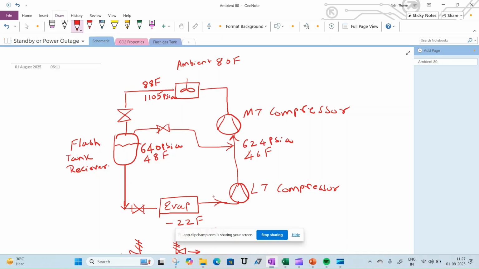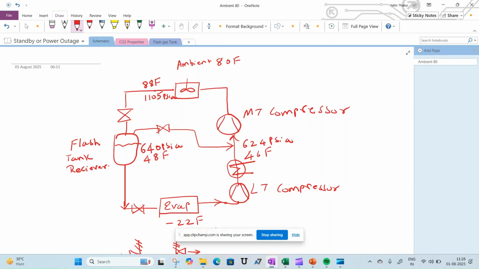It converts it into gas, goes through the LT compressor. The pressure is raised to like 624 psi, and its saturation temperature is 46 degrees Fahrenheit. This might be superheated over here, the gas, so we will have to add a desuperheater before it enters into the MT compressor.